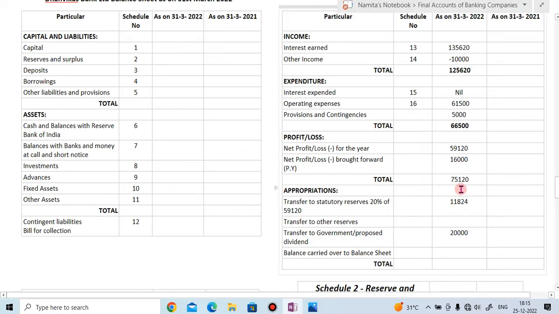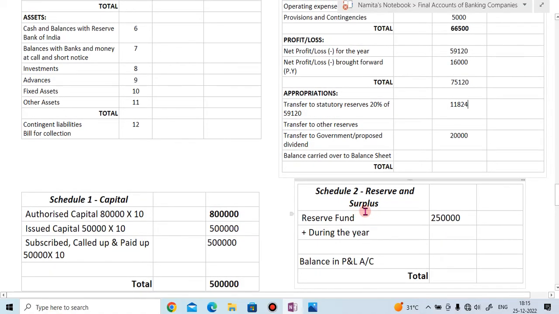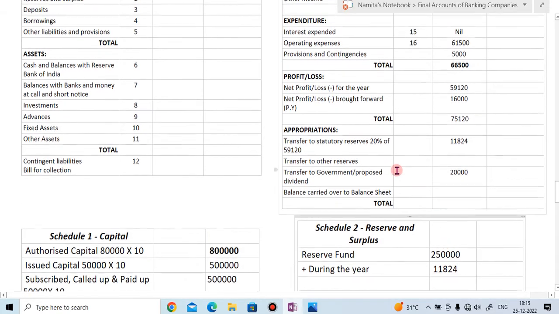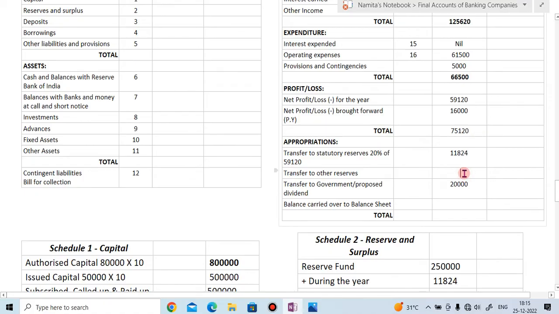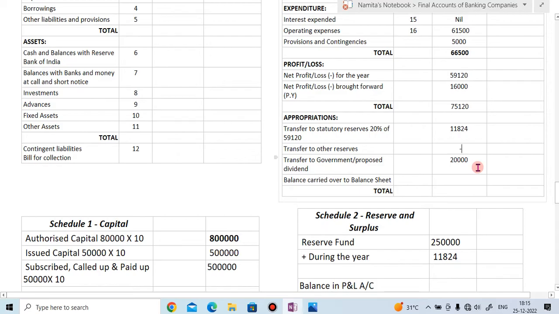Okay, this is the profit, 20% of the profit we got. Now this we have to transfer to the reserves and surplus in schedule number 2. So 11,824 we have to transfer. Now there are no other reserves, right? There are no other reserves, then interim dividend we have transferred.